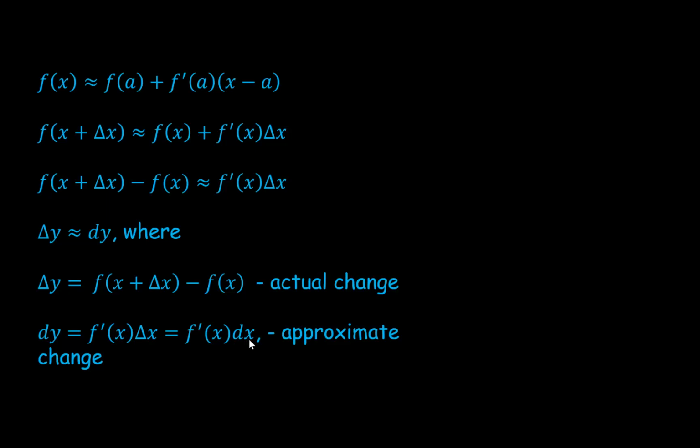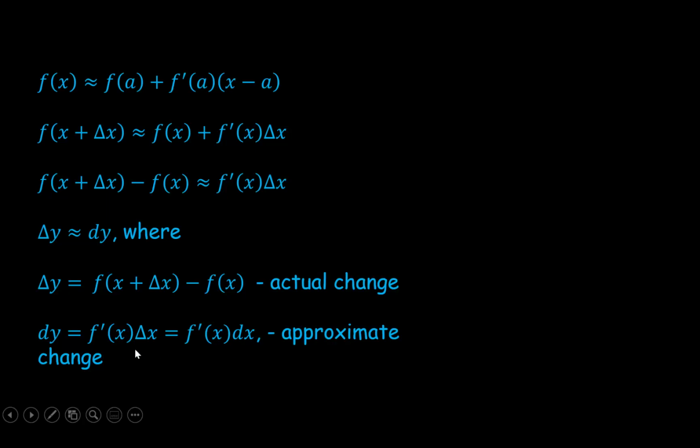That's a notation that Leibniz created. It turns out to be very convenient to use. It kind of makes sense because if you use delta x equal to f prime times dx, f prime would be 1, so delta x should be equal to dx.